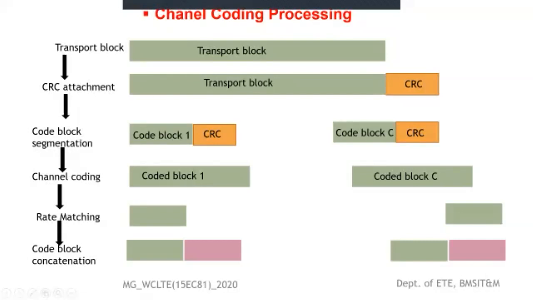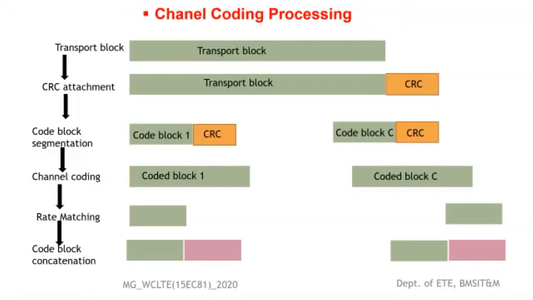Here in channel coding, we are using either convolutional coding or turbo coding. Both are used. After channel coding, the rate matching is done. The purpose of rate matching is to refit the size of this code block to fit the size of the payload.